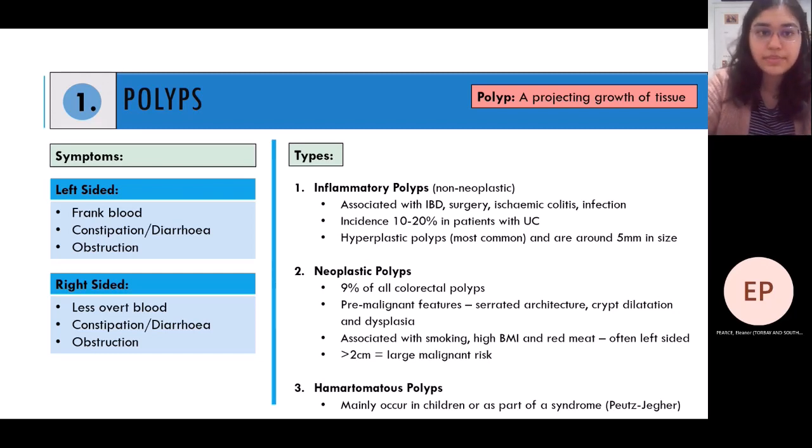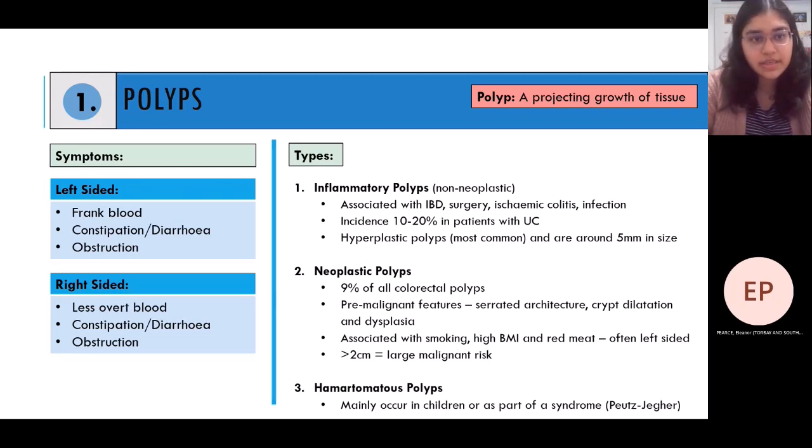And inflammatory polyps, as the name suggests, are associated with any causes of inflammation, including inflammatory bowel disease, recent surgeries, ischemic colitis, or anything that could cause infection or inflammation. These are the most common type of polyps, especially in patients with inflammatory bowel disease, where about 20% can have at least one polyp.